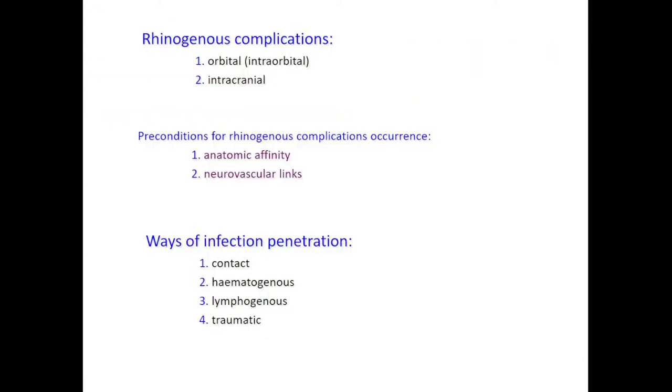So, what about complications? Complications of sinusitis may be rhinogenic. They divide into two big groups: orbital and intracranial. Preconditions for rhinogenous complications are anatomic affinity and neurovascular links.